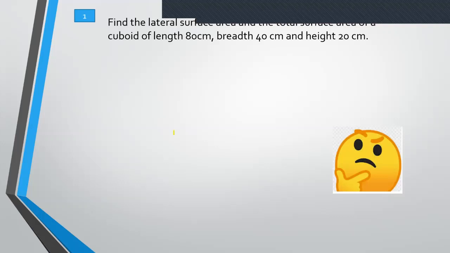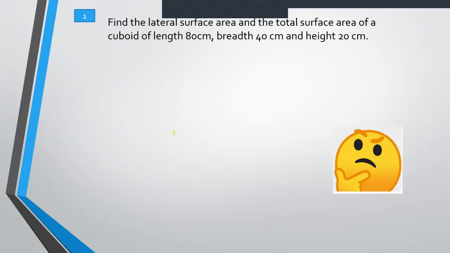Find the lateral surface area and total surface area of a cuboid of length 80 centimeter, breadth 40 centimeter, and height 20 centimeter. Start working. This is hardly a 1 minute sum, hardly.